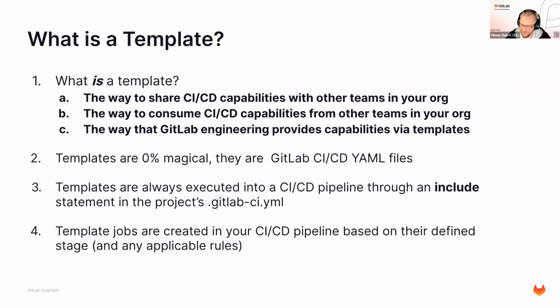And I've talked about templates. I said it's as easy as including a template, but what is a template? Well, basically, a template is a way to share or consume, depending on where you are, CI/CD capabilities. You are writing things that are valuable and you want to share them with other teams, you are sharing a template, and other teams will consume a template, of course.